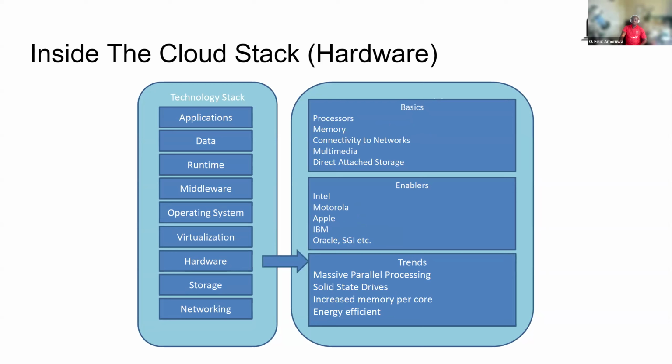By the time we get down to the hardware layer, this is fundamentally where we're dealing with the CPUs, memory selection, SAN and direct attached storage, for example, solid state drive selection.